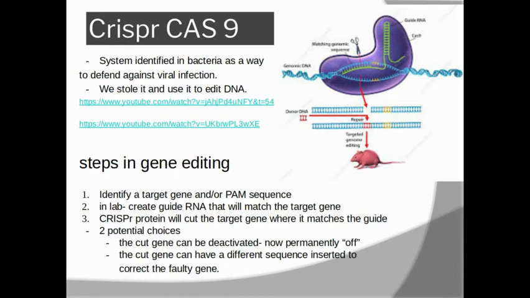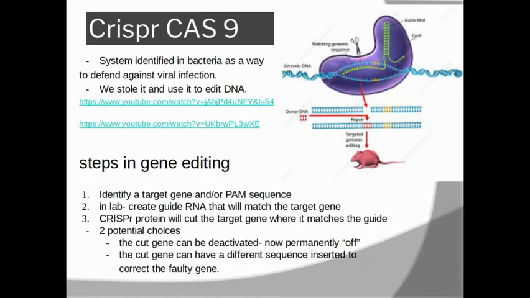Now, that's a way to stop a faulty gene from working. But we also have the ability to cut out the section and insert the correct material or a different gene. So we can identify the target gene, or we call it, there's a PAM sequence, which is a section of DNA that is recognizable.